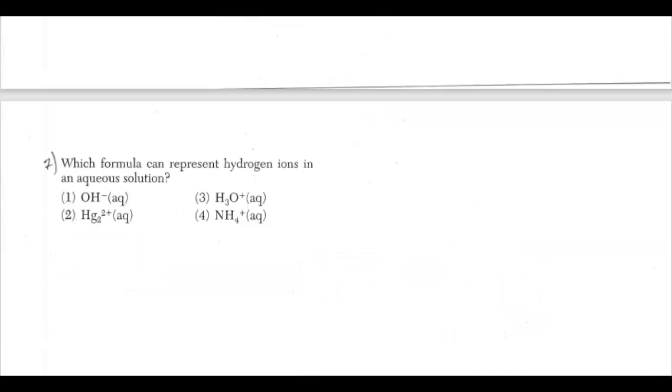Let's take a look. All right, in question 7, you're asked which formula can represent hydrogen ions in an aqueous solution. Well, I guess maybe I should have put this with acid-base chemistry, but again, we're dealing with polyatomic ions in reference table E. We use the fact that excess hydrogen ions in solution make an acidic solution, right?